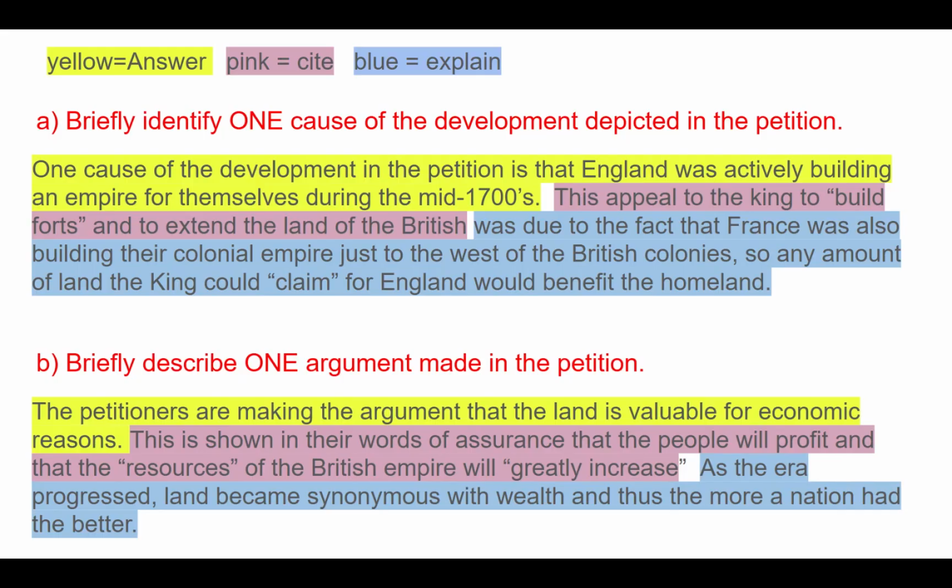So there's the citation, most of it in my own words, of the evidence to support my answer, which is highlighted in yellow. Now I need to explain: as the era progressed, land became synonymous with wealth, and thus the more a nation had, the better. So a simple explanation, doesn't have to be elaborate, but it gets the job done.